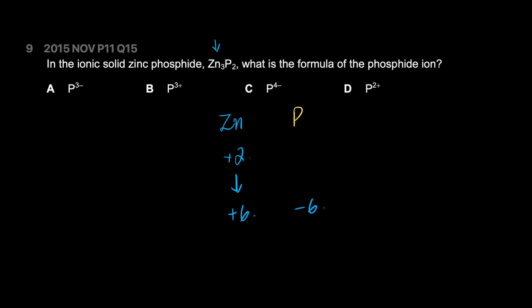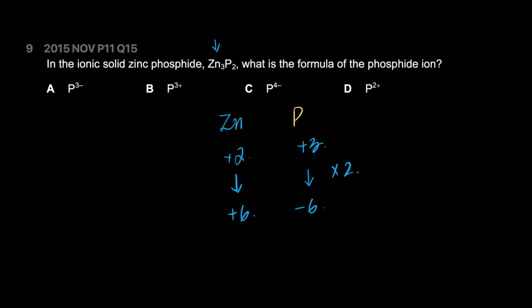You can only multiply this number by 2, because there are only two phosphorus. So what could this number be? Well, this number has to be 3. Sorry, -3.